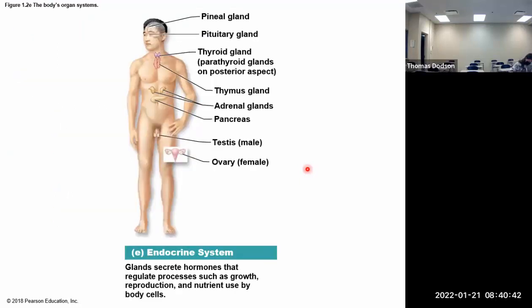So you may note that most of your glands are not at the extremities of the body. They stay mostly to the central aspect, brain and then the torso.